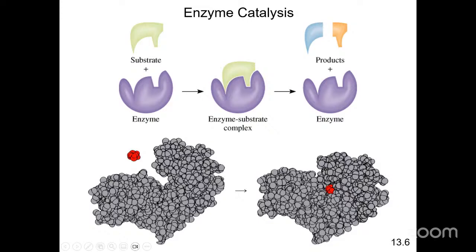But one of the things that you'll notice, and if you get into biochemistry, you're going to see a lot more of this, is that when the molecule fits into the cavity that is appropriately shaped so that it can accommodate it, then there are changes that will take place in the rest of the molecule. And then, as I said before, there'll be some bond weakening taking place within the substrate, and then the product will be released. And the enzyme will be basically unchanged compared to before. So that's another example of catalysis when it comes to biological systems.